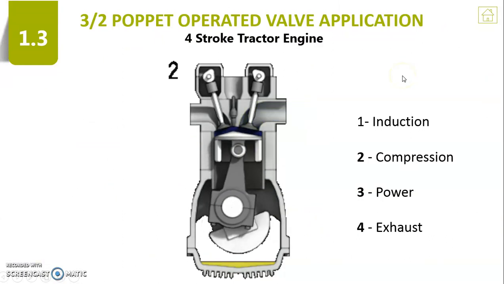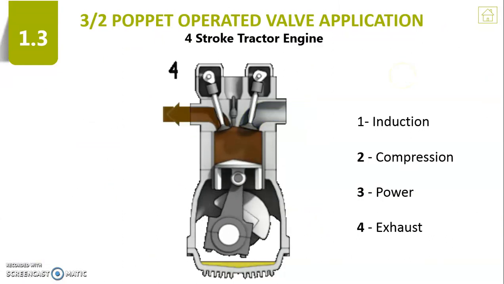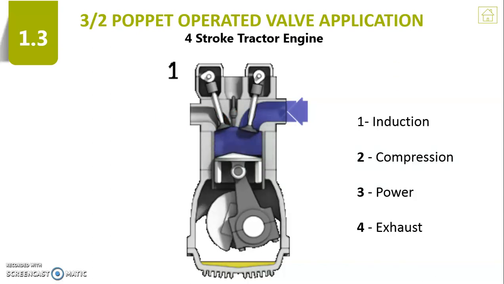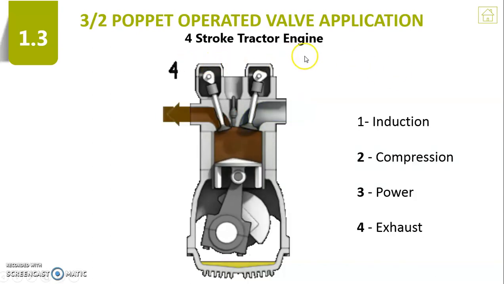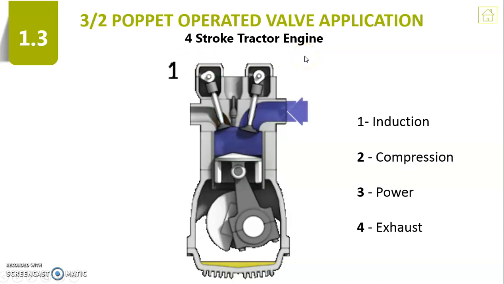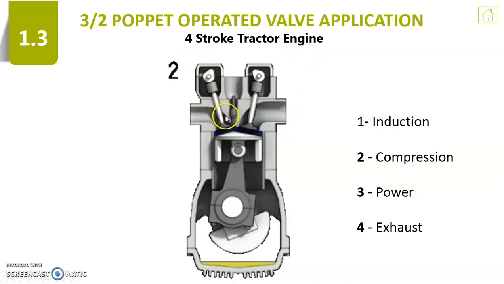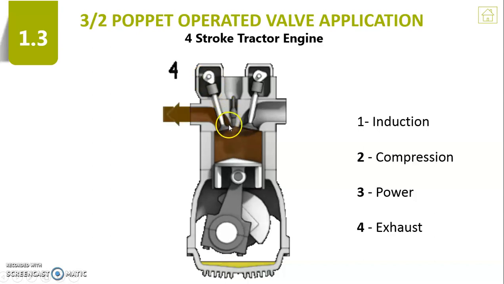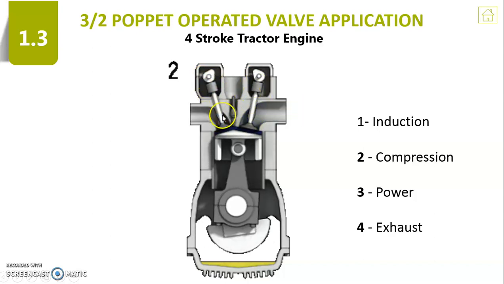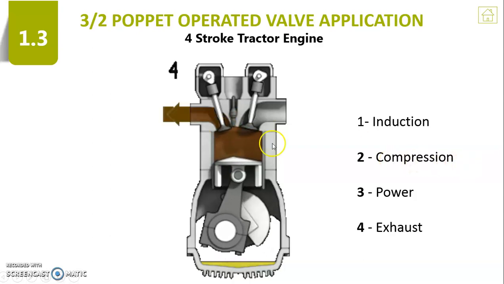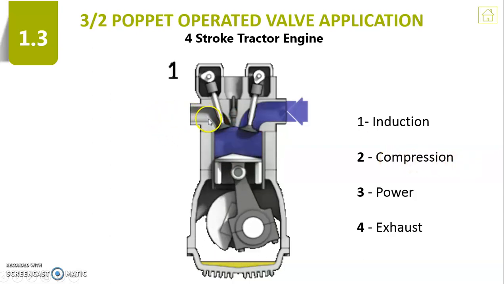Some of the students asked for a real-time application of the poppet type valve. So here I took an automotive example, a 4-stroke tractor engine, where this one acts as poppet valve 1 and this one acts as poppet valve 2. Normally this one is used for compression, where air enters inside.